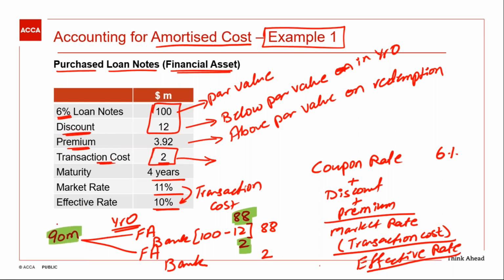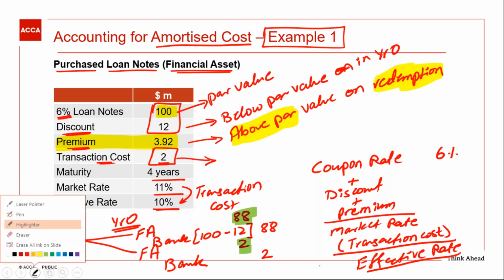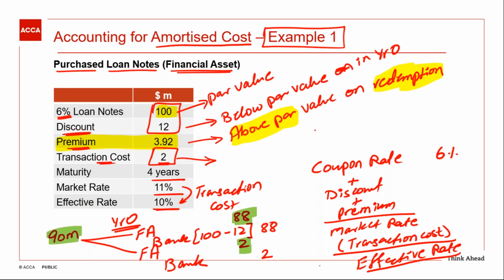So now if we see, we were supposed to receive a premium of how much? 3.92 million at the time of redemption. And this is the value which is above par. And the par value was how much? 100. So ideally, I should be receiving 100 plus 3.92 at the redemption, which is going to be 103.92.